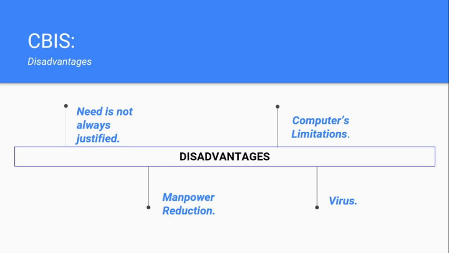Then we learned the important components with which the computer-based information system can work. 6 components we have studied: hardware, software, telecommunications and network system, database, procedures, and the human resource or the people. Apart from that, we have seen 10 types of computer-based information system that can be implemented as per the requirement of an organization. And lastly, we have seen some of the advantages and some of the disadvantages of this computer-based information system.